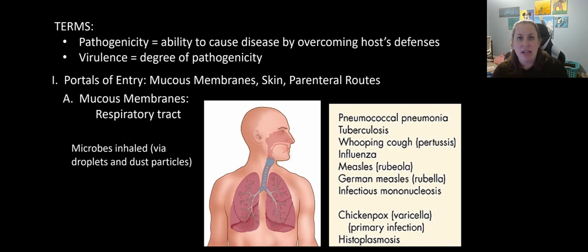These are things like certain types of pneumonia, tuberculosis, pertussis, which is whooping cough, the flu, influenza, measles, German measles, mono, chickenpox, histoplasmosis. The list can go on, but these are some examples of when you breathe in the culprit.